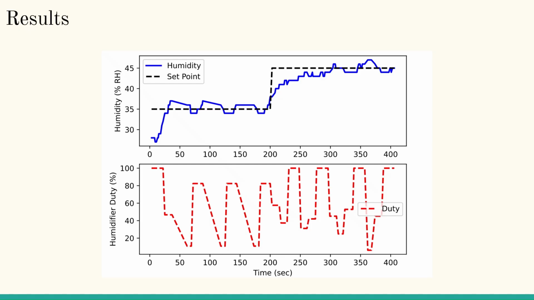Important to note is that at the 35% humidity, we see a bit of overshoot, and the system tries to adjust to that. Then, at 200 seconds, when the set point steps from 35 to 45, it takes about a minute for the humidity to get to that 45% level.